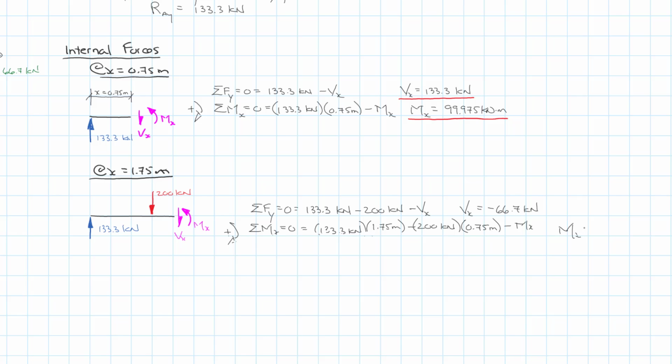So we're able to isolate for M at x, and it is equal to 83.275 kilonewton meters. So we'll just underline those.